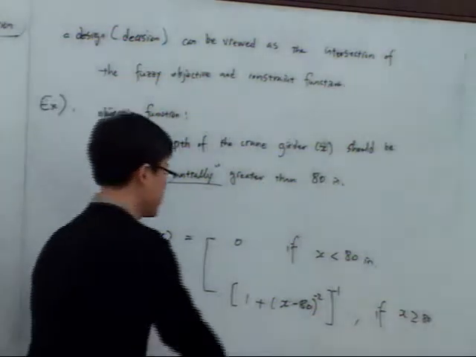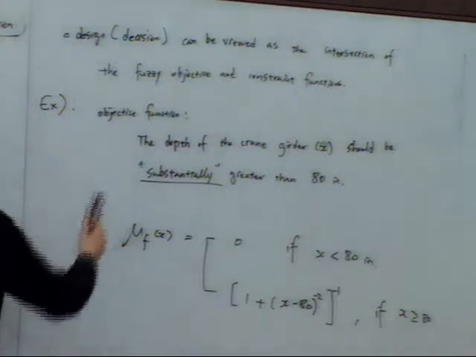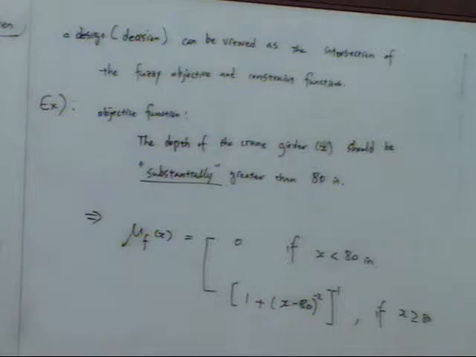And if you plot this kind of membership function, it should be always a non-negative value. The value should be within 0 and 1, right? And it should capture your vague and linguistic information into mathematical form.